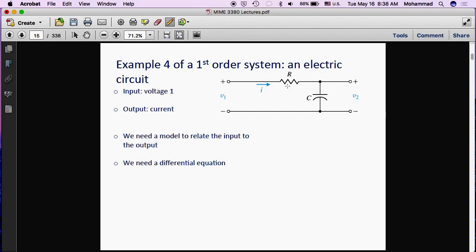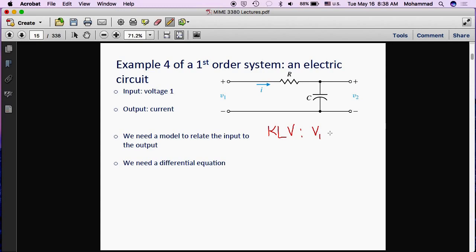Okay, so let's go ahead and apply Kirchhoff's law for voltages. That's the fundamental law we are going to use. It basically says voltage 1, which is the source of voltage, plus the voltage drop across the resistor.